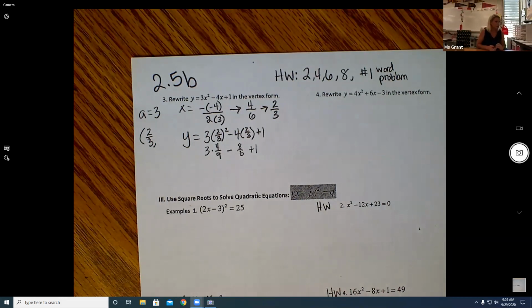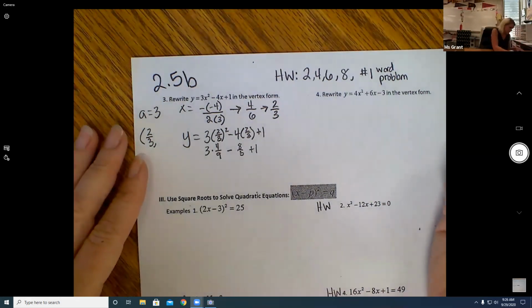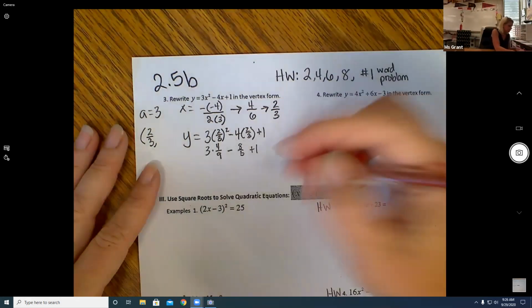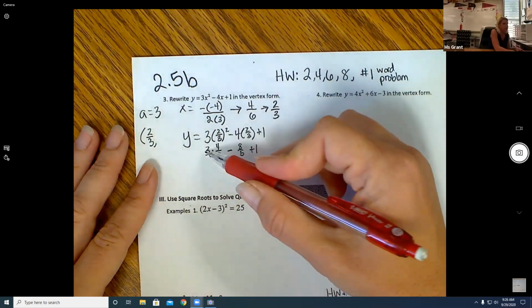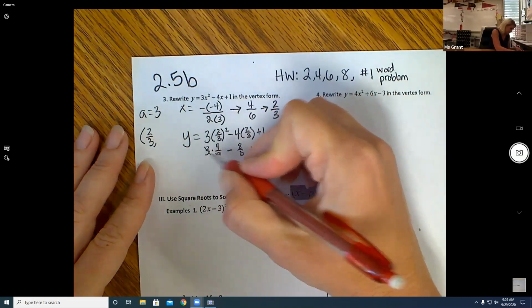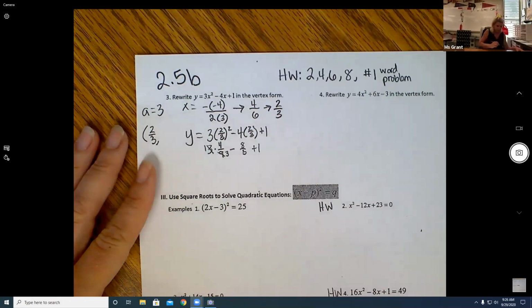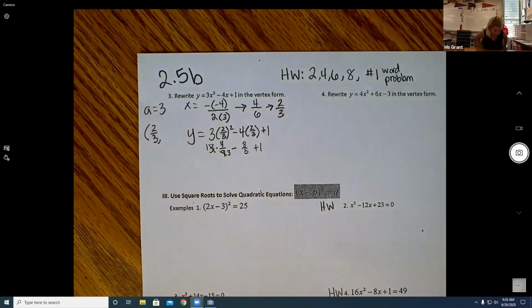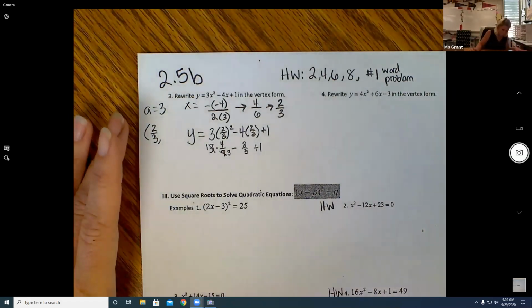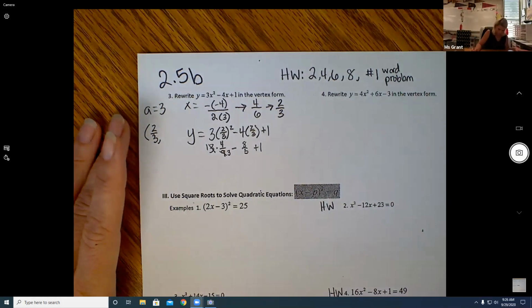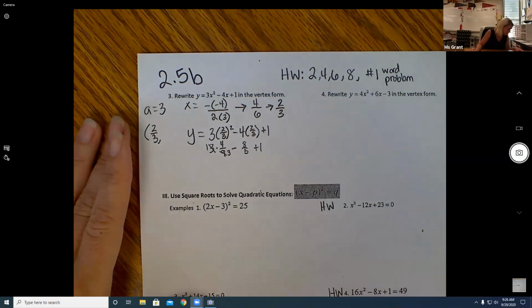There's a couple ways to do this. I know, let's simplify this 3 and this 9 right here. Cross cancel. Okay. Let me check and make sure that I'm not going to make a mistake on this.